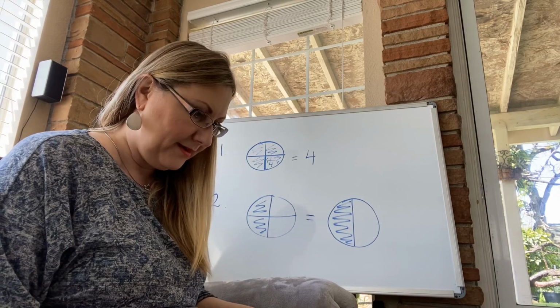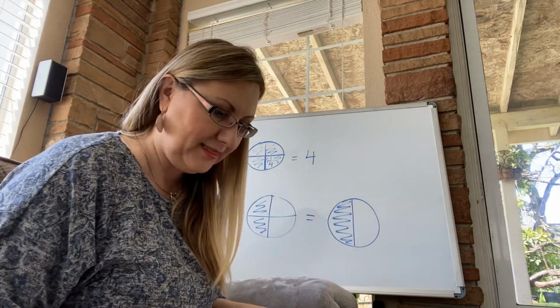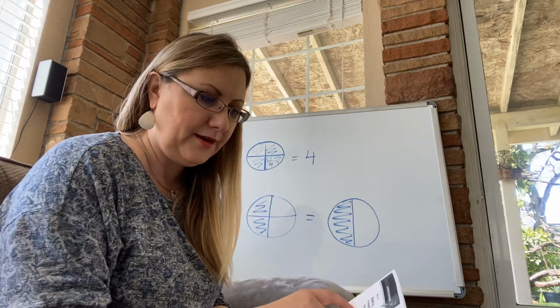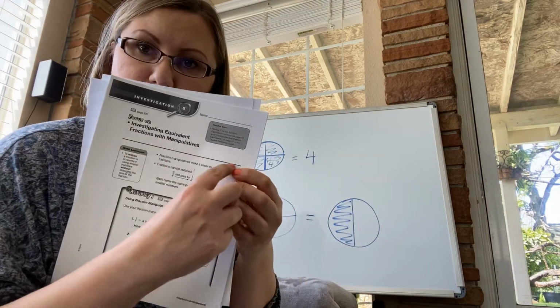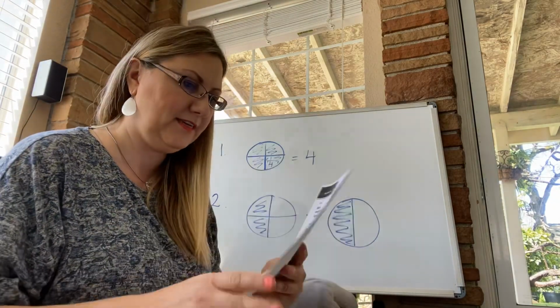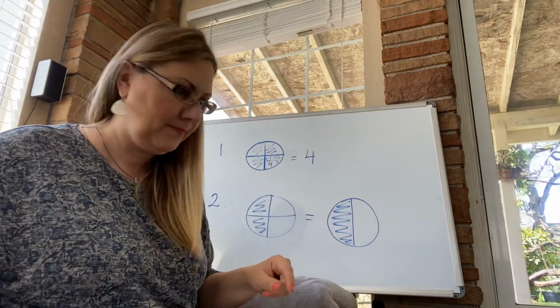While I erase my board, I'd like you to read the part of your paper that is just above question number 1 or 2. So take the time to read that right now.